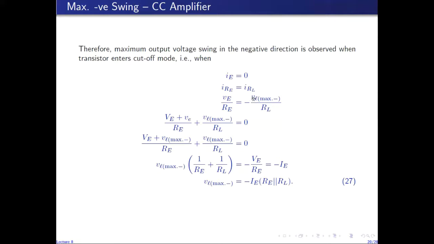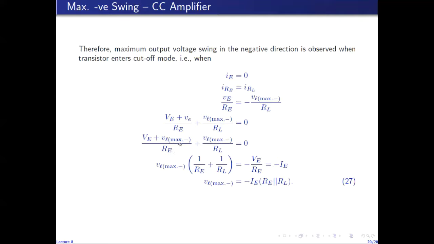So the current through RL is minus VL over RL, and VL is denoted with VL maximum negative. So small v subscript capital E is the total emitter voltage, which is equal to the DC component plus the AC component. I take this to the other side, to the left-hand side, where it becomes positive. The AC component of the emitter voltage is equal to the load voltage, which again is denoted by VL maximum negative under this condition.